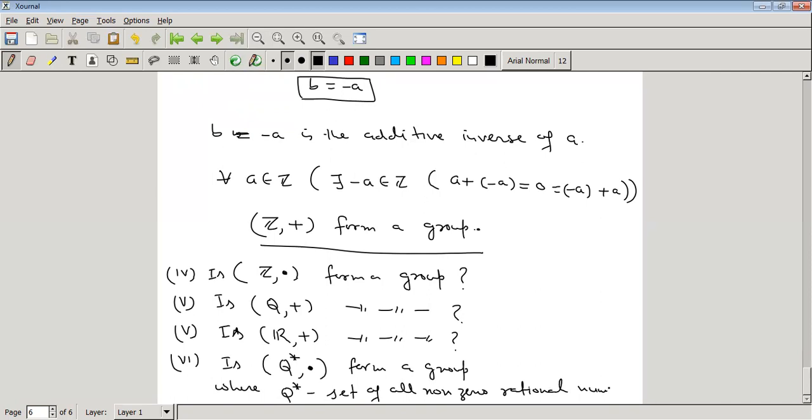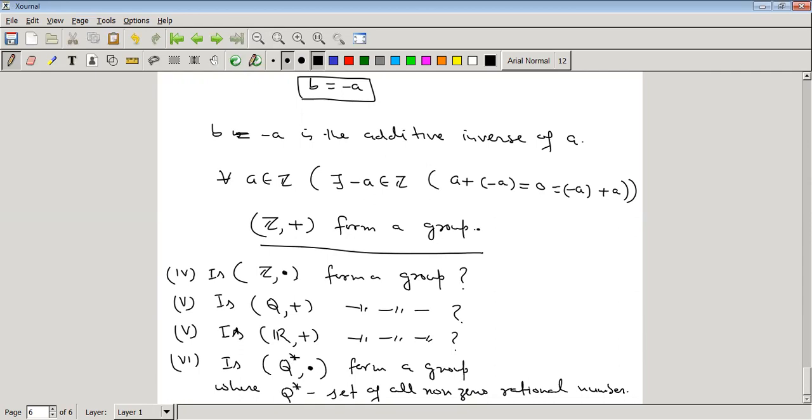So here, instead of writing Q, I write Q star. Now Q star is defined. This set Q star contains all numbers except 0. 0 is not in this. इसमें 0 नहीं है. ठीक है.